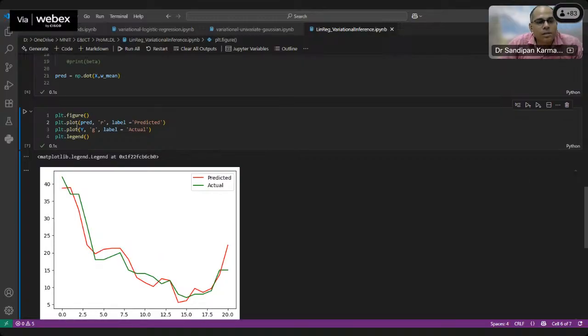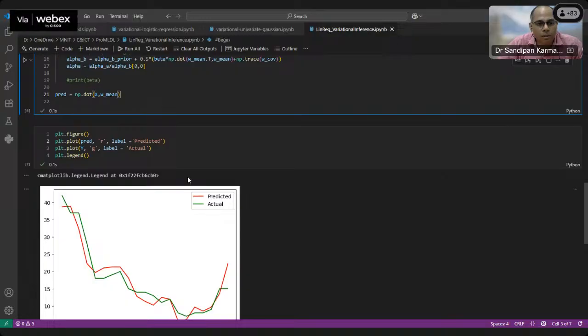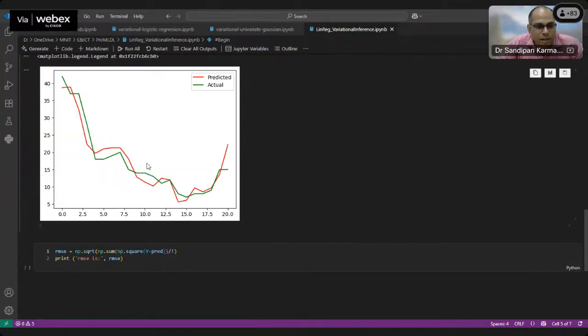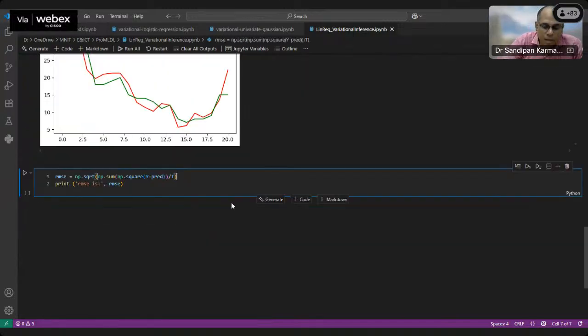This is the predicted y value and the actual y value, and we are comparing. And what is the RMSE? You can find the RMSE is coming as 2.91.